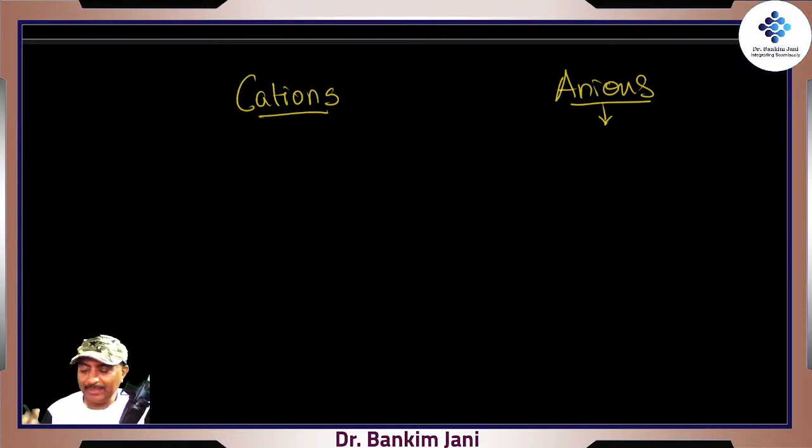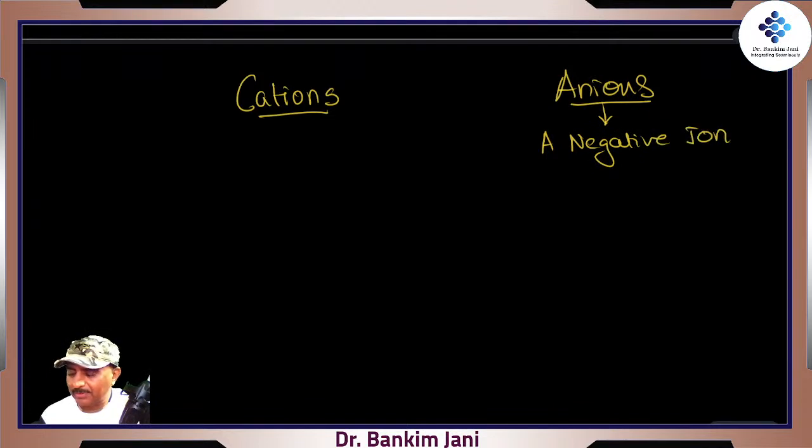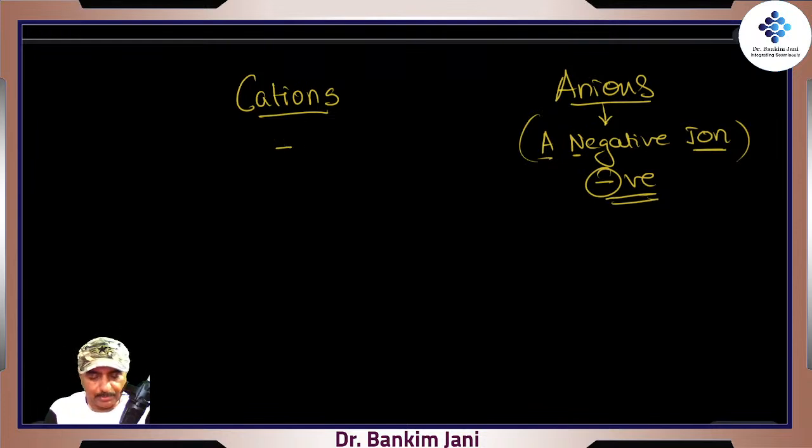Then I remembered it like this, that anion is a negative ion. Someone must have given the name like this only. So now there is no confusion. Anion means a negative ion. So obviously cation automatically becomes positive.